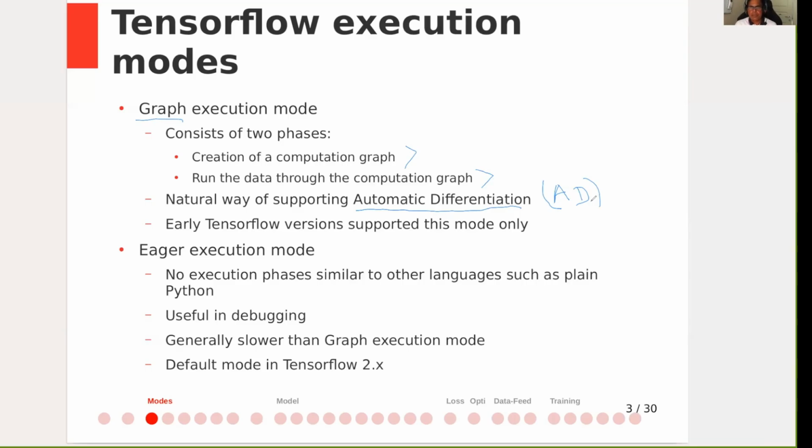So thanks to automatic differentiation, you don't have to do that. All you have to do is specify your operations. Then the framework itself figures out how to calculate the gradients through automatic differentiation. And the early TensorFlow versions, especially TensorFlow version 1, supported only graph execution mode.